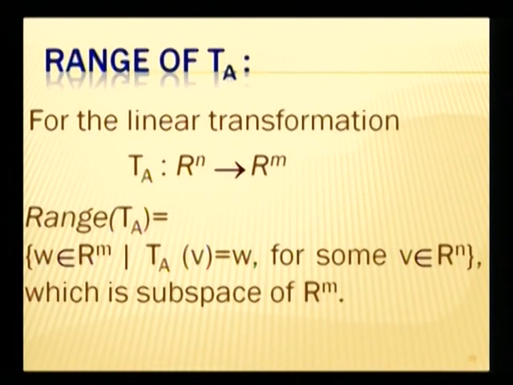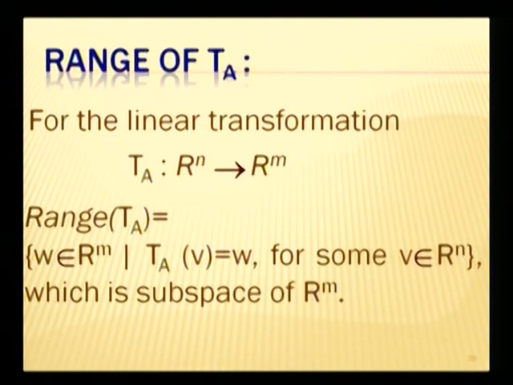Now what is the range of TA, or the range of the linear transformation? For the linear transformation TA from Rn to Rm, the range of TA is the set of all vectors in Rm which are the images of some vectors V in Rn.